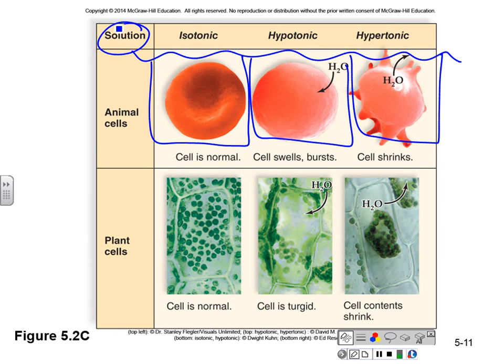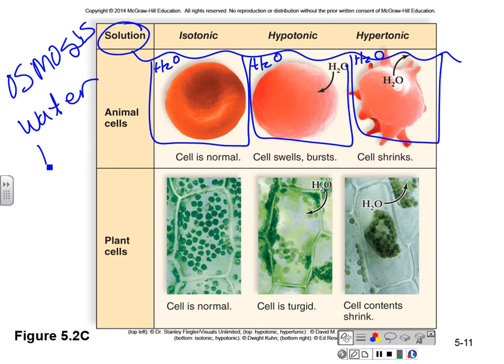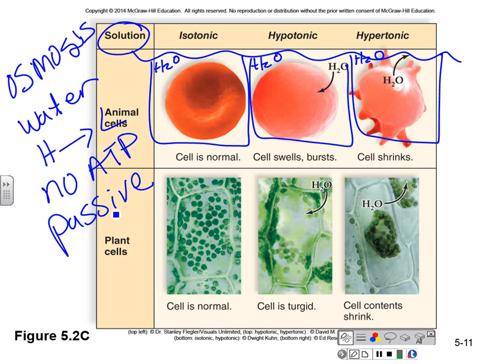And they're talking about solutions, so I'm going to draw little beakers. So there's water in here. And in osmosis you have water moving from a high concentration to a low concentration, no ATP necessary. So this is still passive transport.